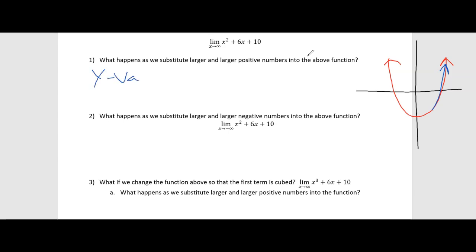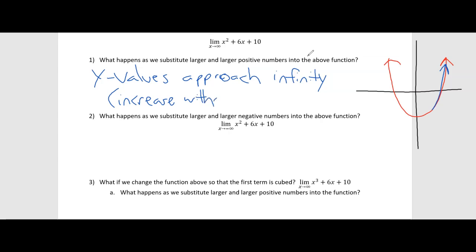So y values approach infinity. Again, another way of writing that is increase without bound. And you can choose which way you write it. I just want you to be aware that those two phrases mean the same thing.